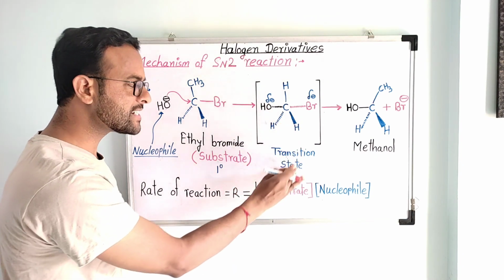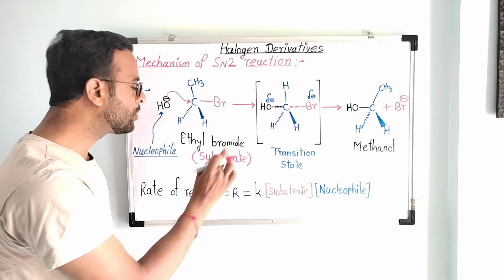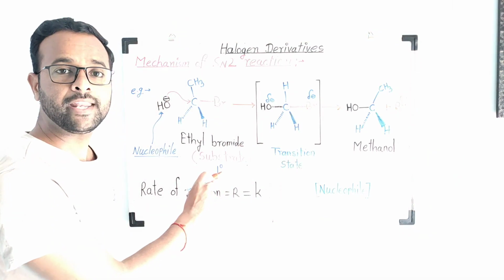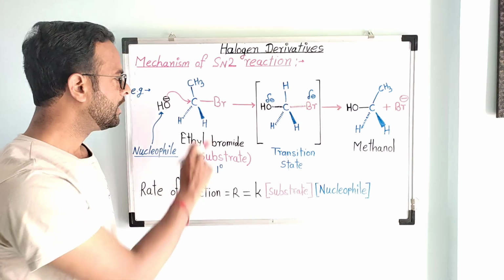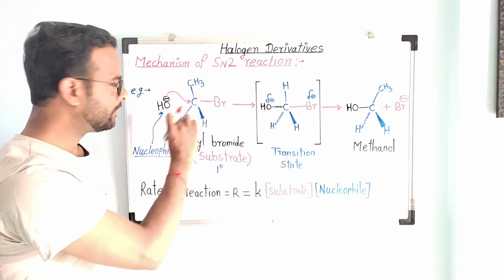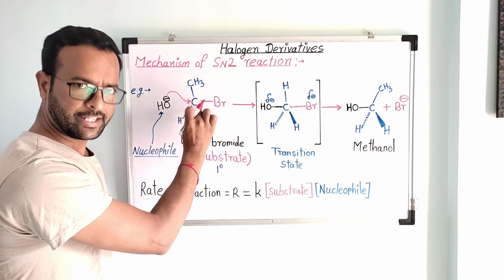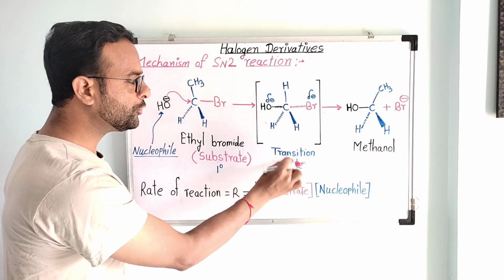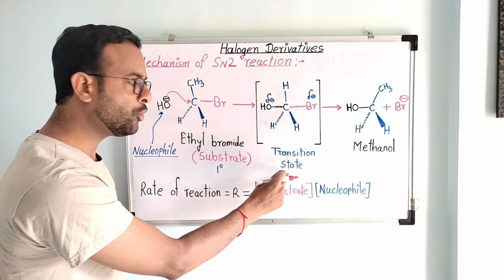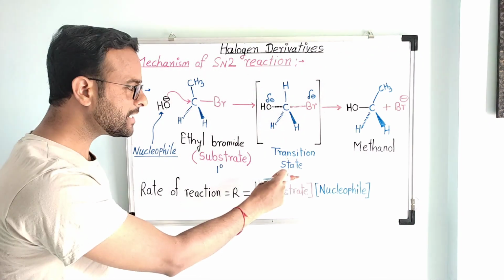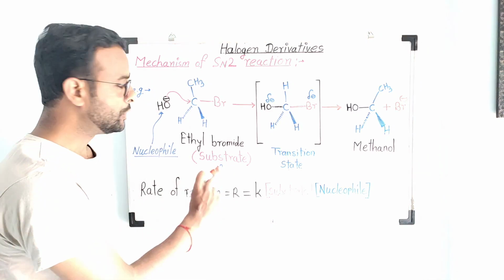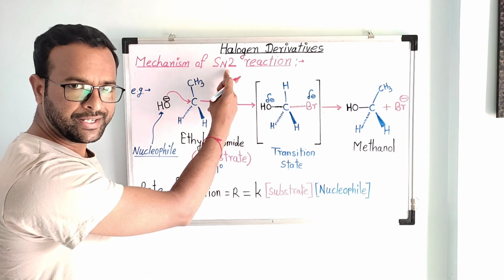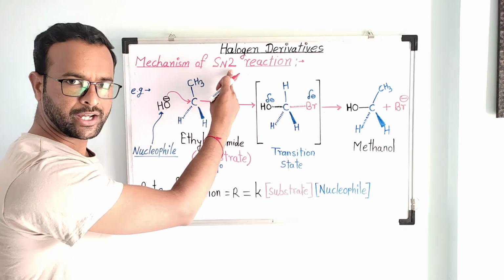This is the transition state that we got from a primary alkyl halide. In a primary alkyl halide, crowding is not there, so the nucleophile can attack easily. So the produced transition state is more stable. That's why primary alkyl halide shows more reactivity toward SN2 reaction.